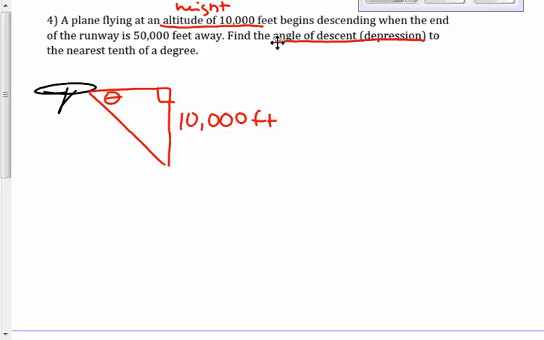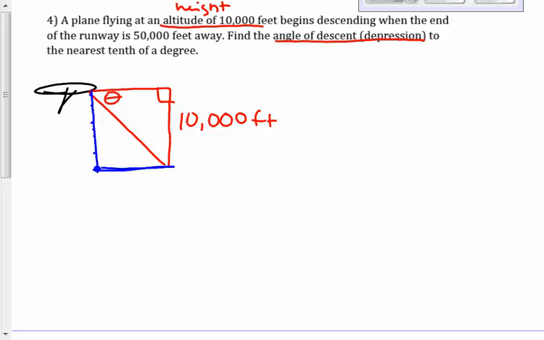It begins descending when the runway is 50,000 feet away. So the plane, position-wise, is right here.